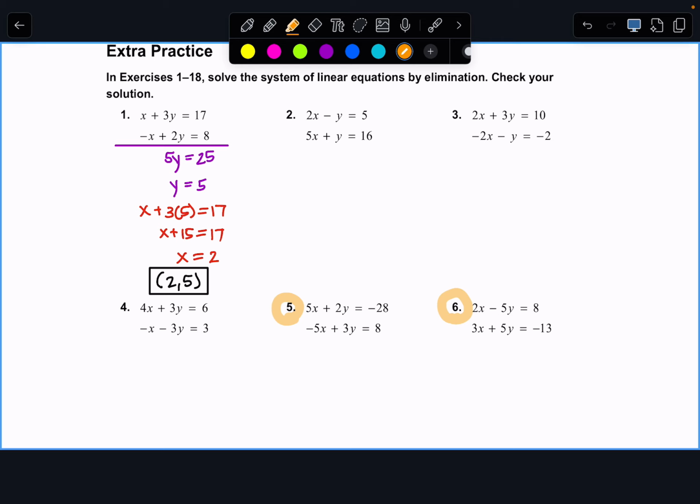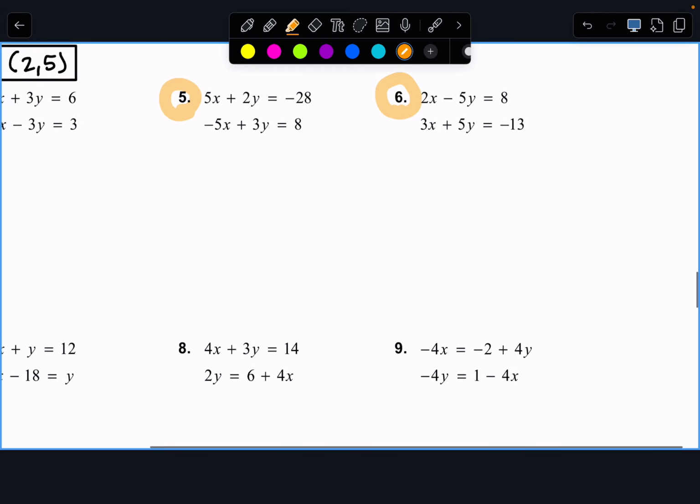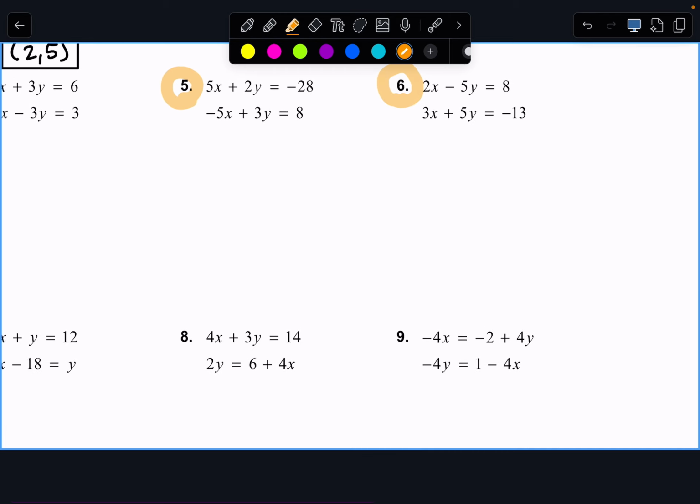Because then it would be 5 times negative 5 plus 2 times. Oh, wait. Yeah, I'm still probably going to get the same. Oh, yeah, I got it. I don't like math.